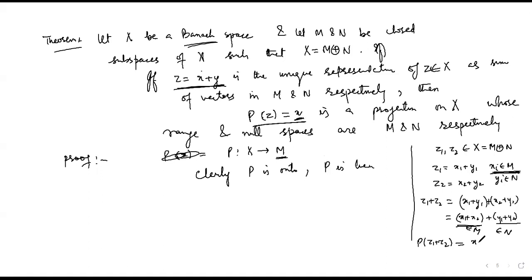So it should be just x1 plus x2, which is the same as P of Z1 plus P of Z2. इसी तरह से वो स्केलर भी बाहर आएगा, so it is linear, उसमें ज्यादा कुछ नहीं करना.